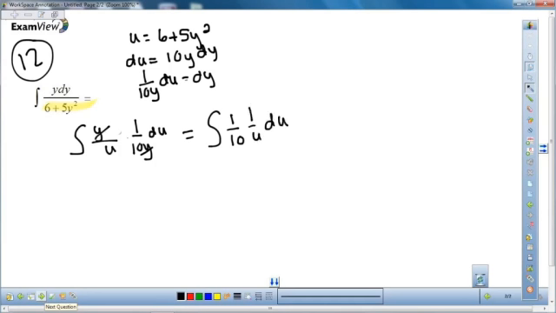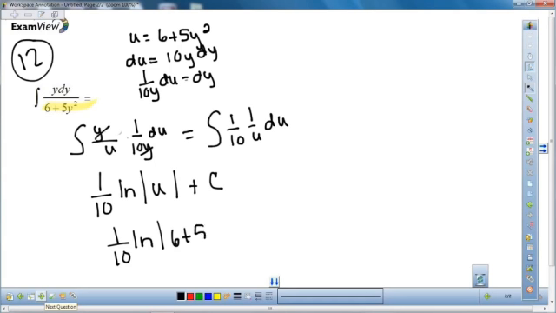Since 1 over 10 is a constant, I can ignore it, just bring it down. And the antiderivative of 1 over u is ln. And I just have to substitute u back. And don't forget your plus c.